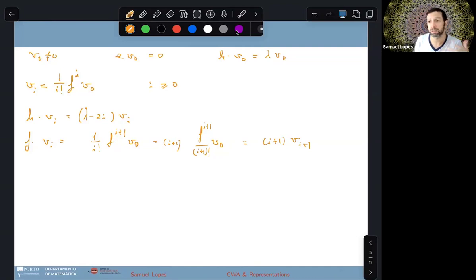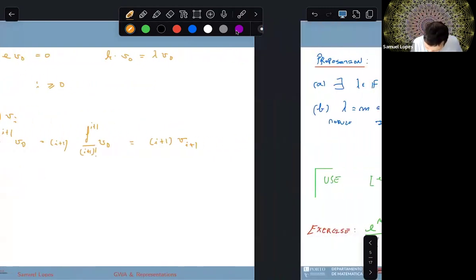Now the tricky part is to look at the action of e. To look at the action of e, I would need to know how e acts on f to the i v0 divided by i factorial. For this, I need a formula, which I think I have on my next slide.